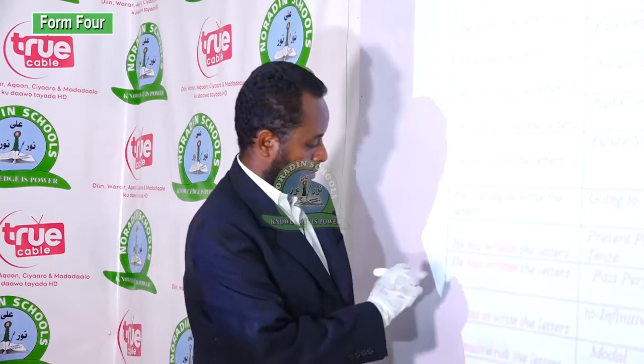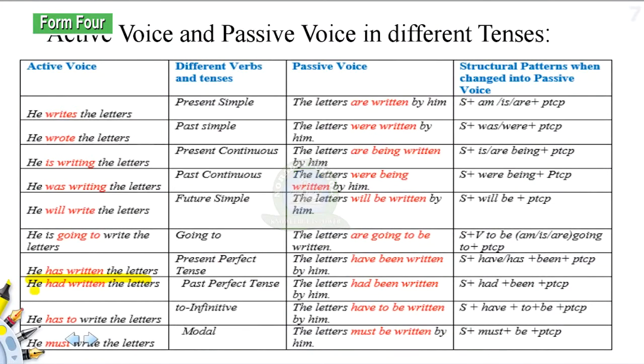This is an active voice. You know, this is the subject, this is the object, and this is the verb. The letters is the object, and it is present perfect tense. So this is the active voice and this section is passive voice.